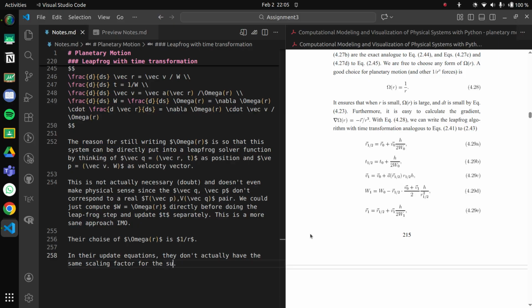For the sub updates, I actually don't understand what's going on.